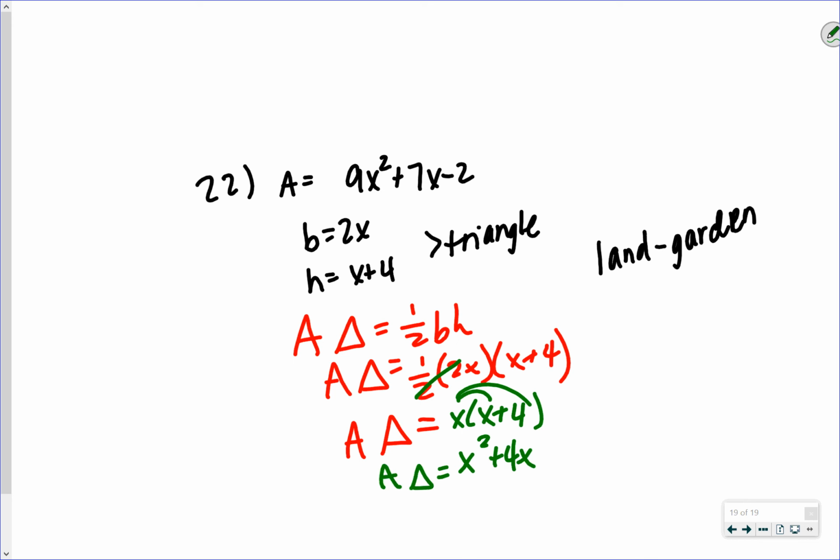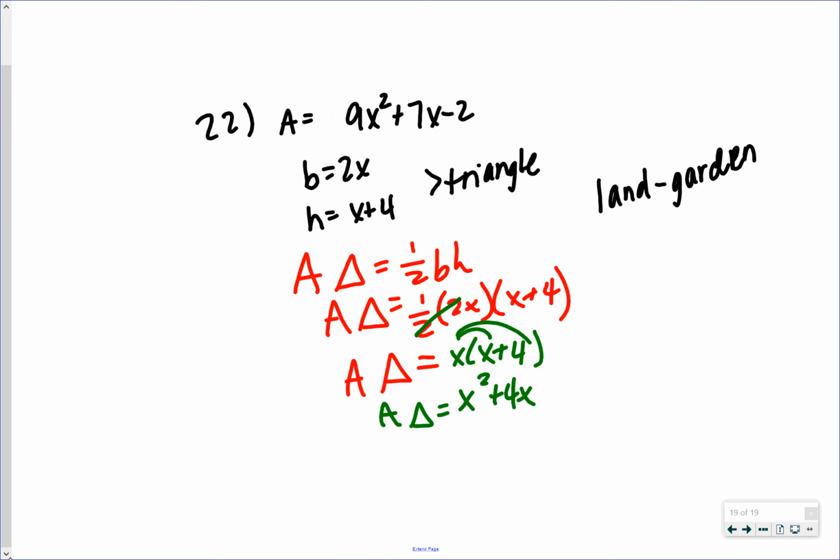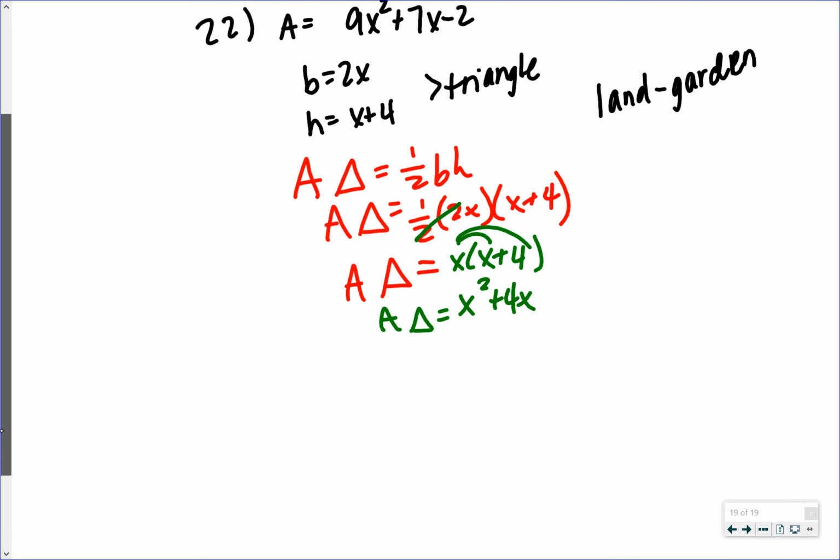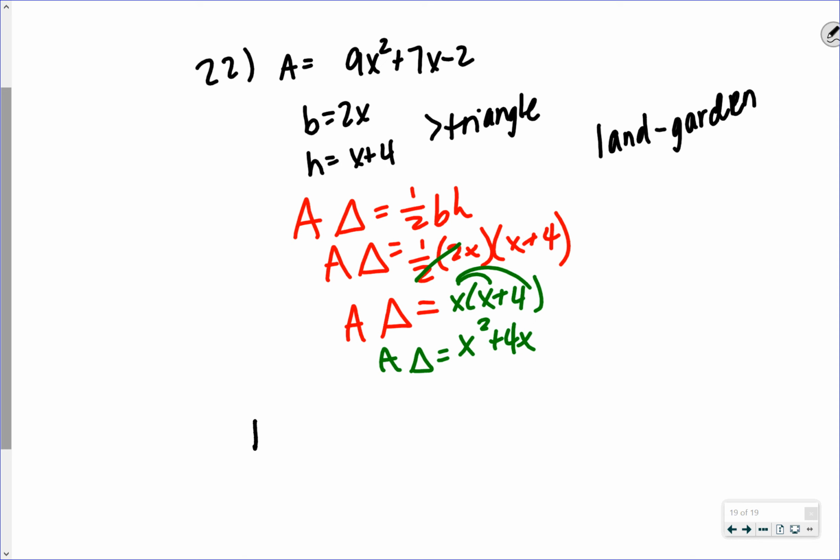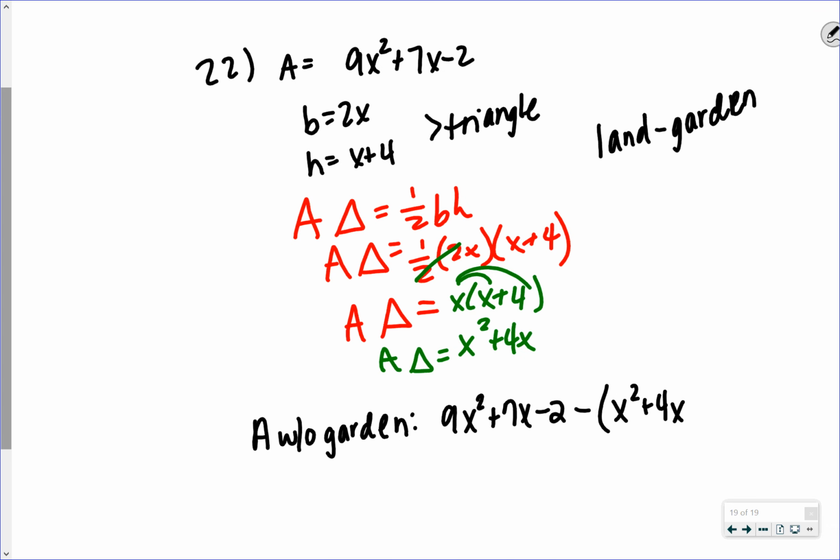So my land without my garden would be area of my land, which is 9x squared plus 7x minus 2, minus my garden, which is the triangle, x squared plus 4x.